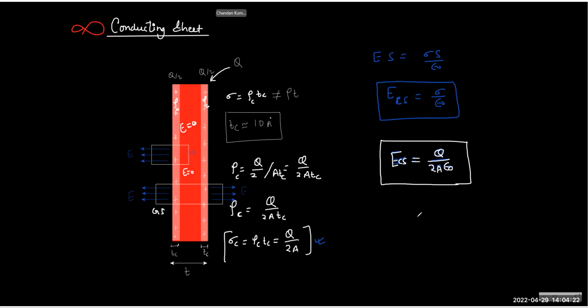Now these are the formulas, and with this we complete the derivation part of Gauss, where in various situations you can find the electric field. Okay, yes, sir, it's clear.